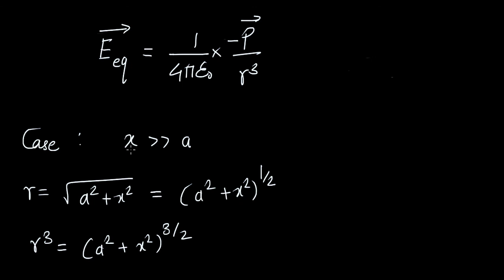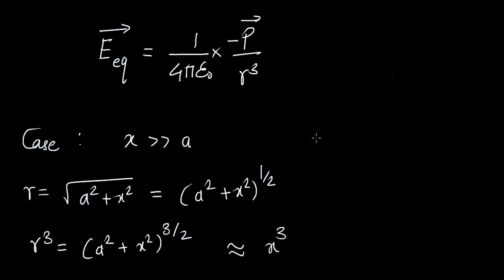And then since x is much greater than a, we can neglect this a squared in comparison with x squared, and for this case r raised to 3 is nearly equal to x raised to 2 raised to 3 by 2, which is x raised to 3.